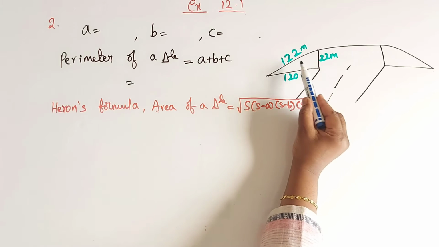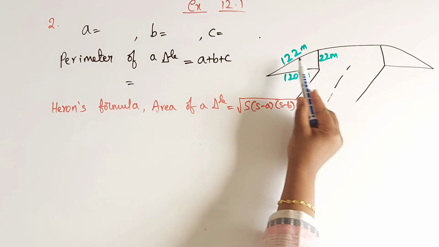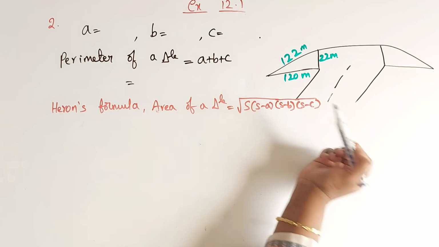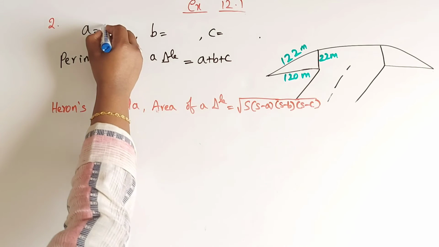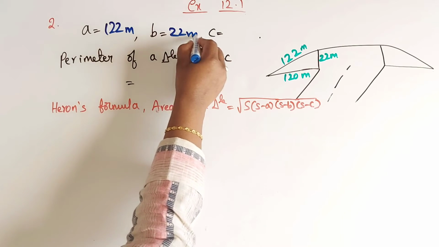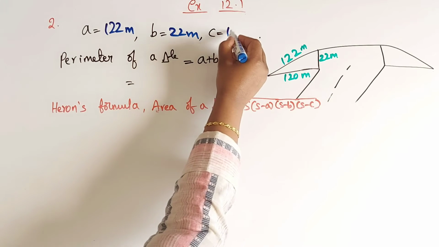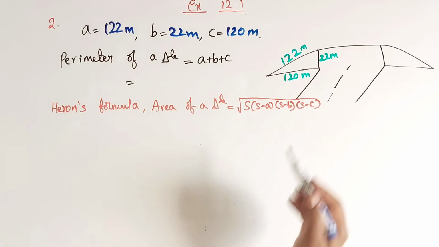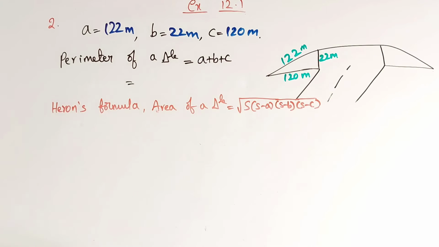Right, children? So here they have given the sides 122 meters, 22 meters and 120 meters. That means A is 122 meters, B is 22 meters and C is 120 meters. Correct, children? Now we have to find the area of this triangle by using Heron's formula.